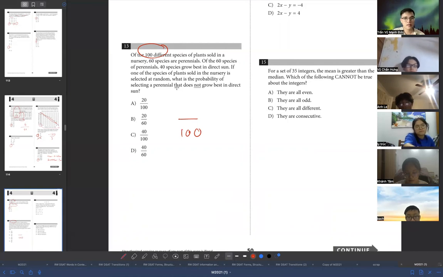How did you do this, An? Because it says for 60, 40 grow best in the sun, so 20 would not grow well in the sun. So the remainder is 20. So how much should we put here? 20. Just 20, because this is the answer.